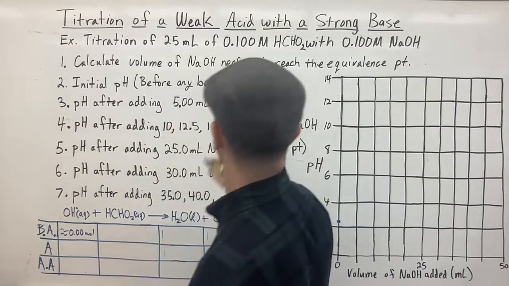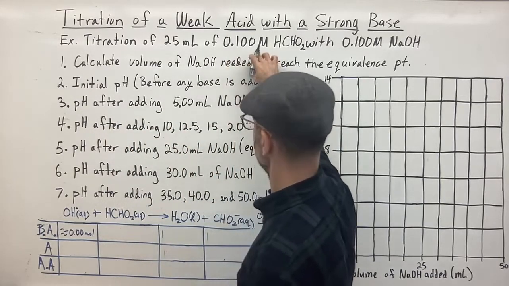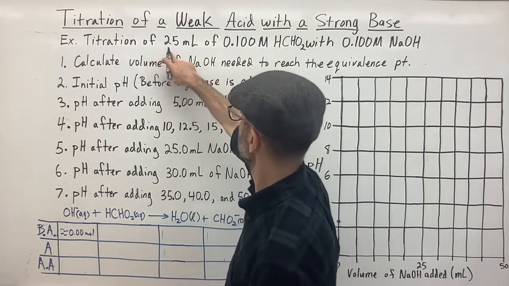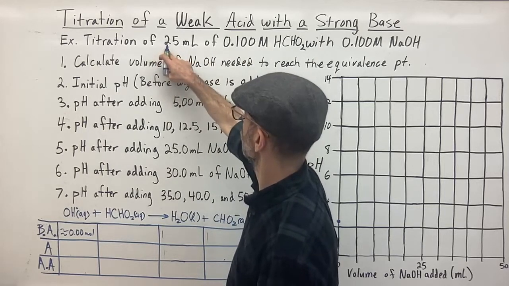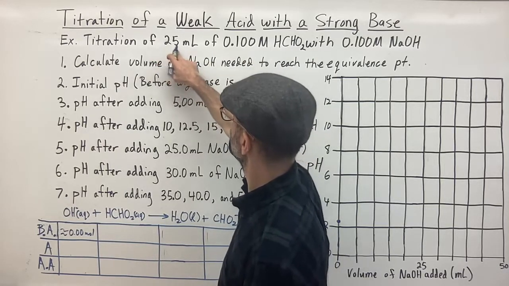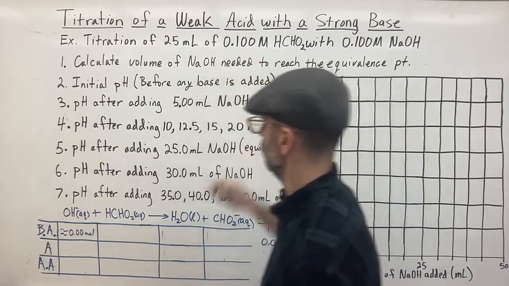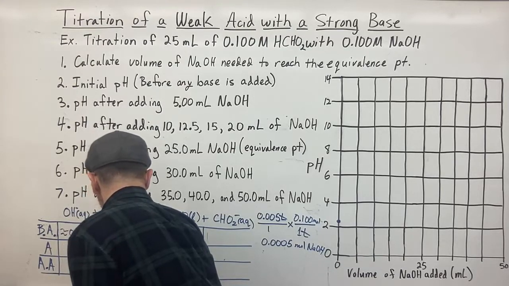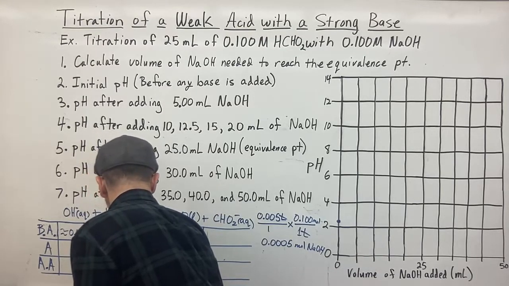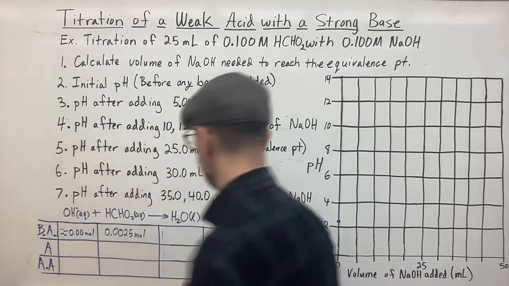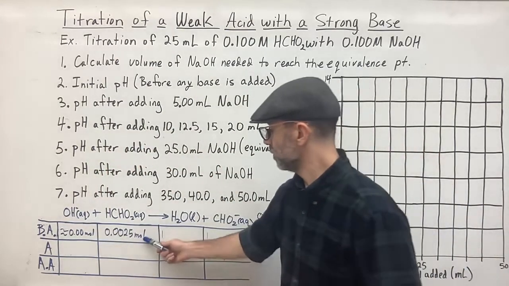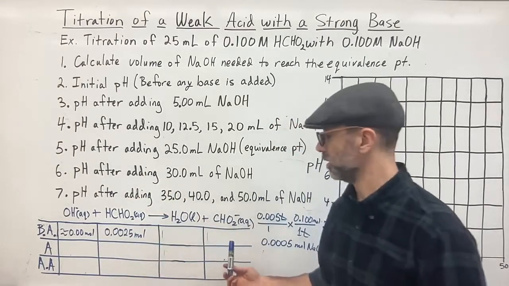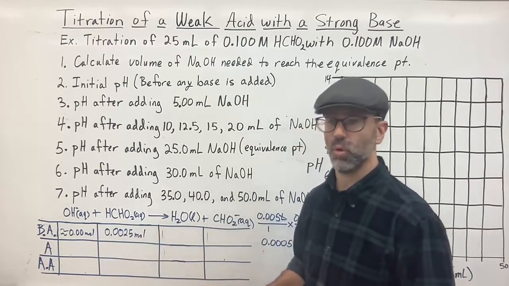So again, to calculate the number of moles, we take the volume in liters, so that's 0.025 multiplied by 0.1, which gives us 0.0025 moles of our acid. And again, when we're doing our ICF table or our stoichiometry table, everything is in moles, not molarity.